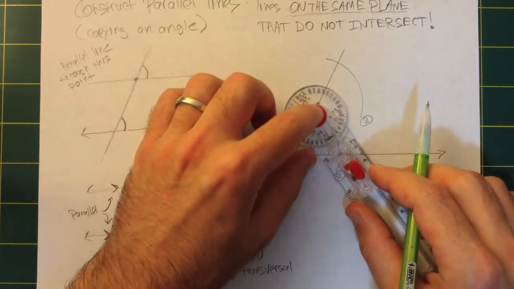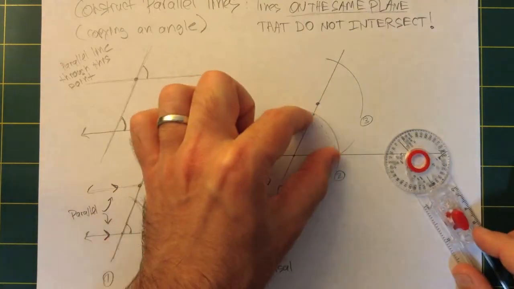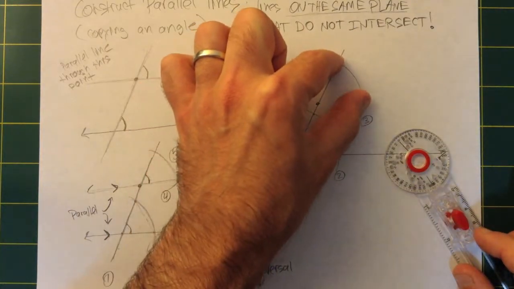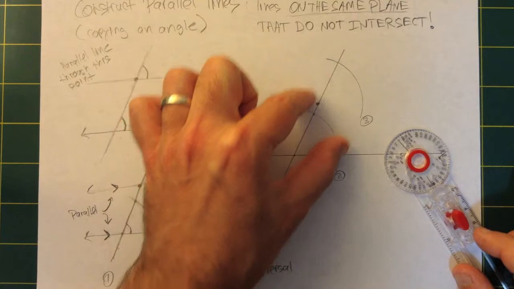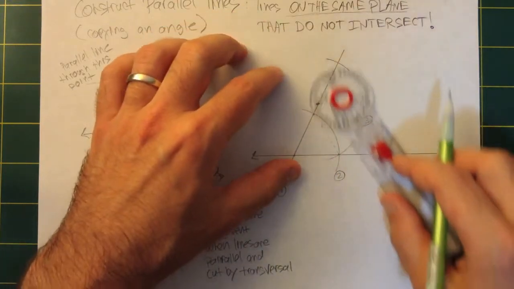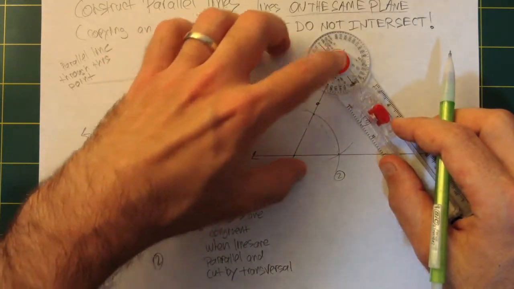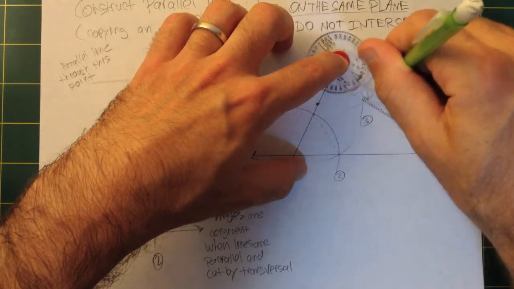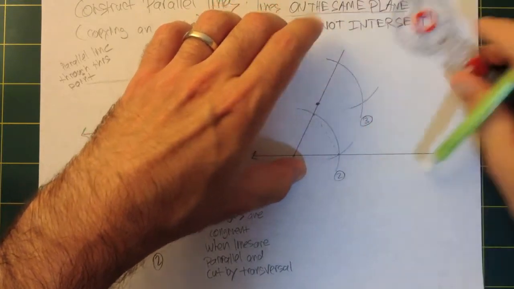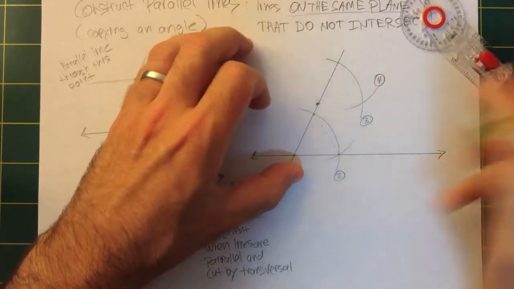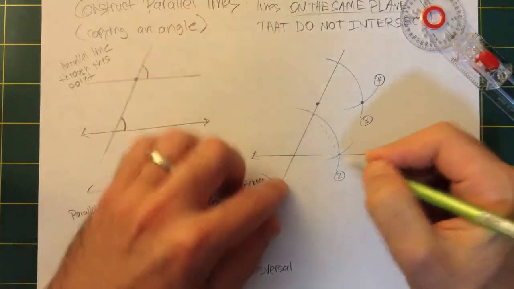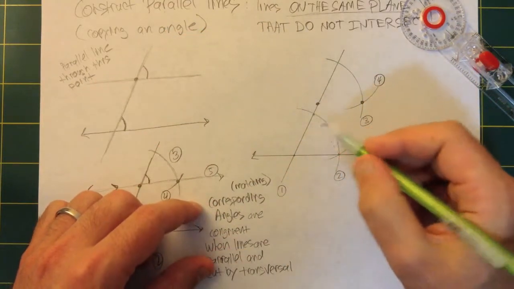So now I'm going to take this distance, and I'm going to put it here. This goes over here. That was step 4. And now that I have this intersection point, I have copied my imagined triangle.